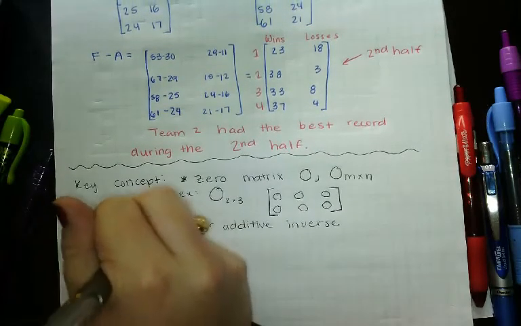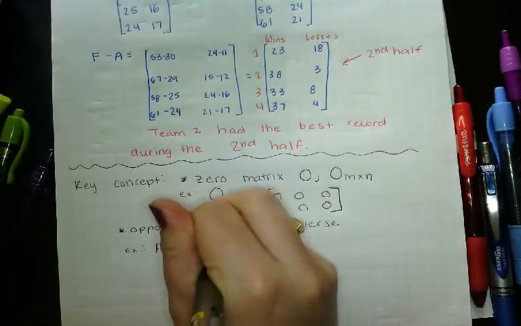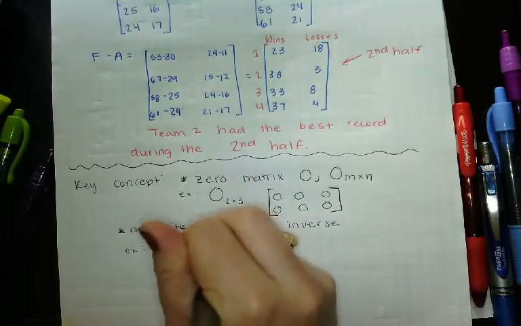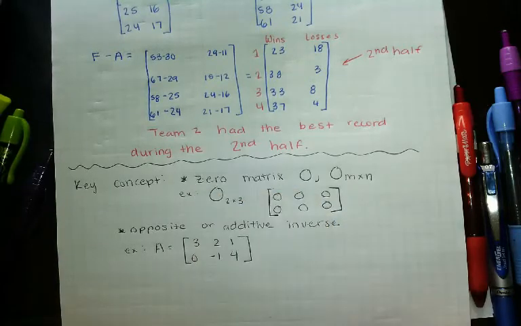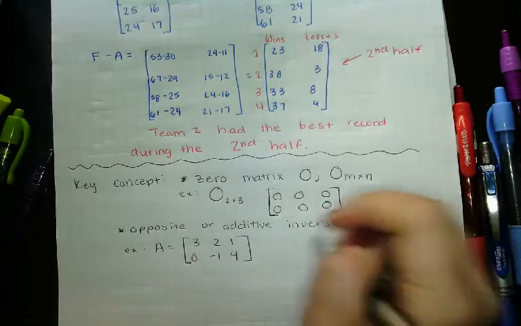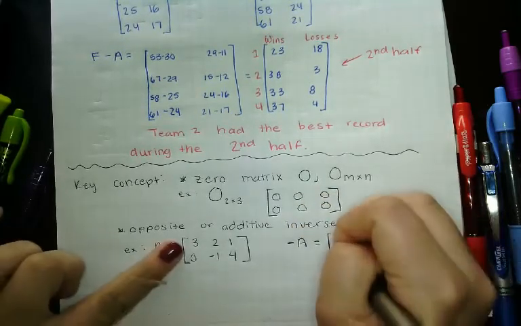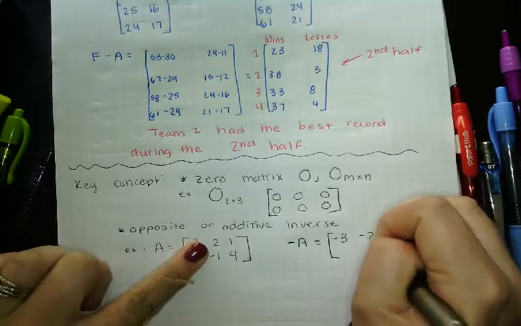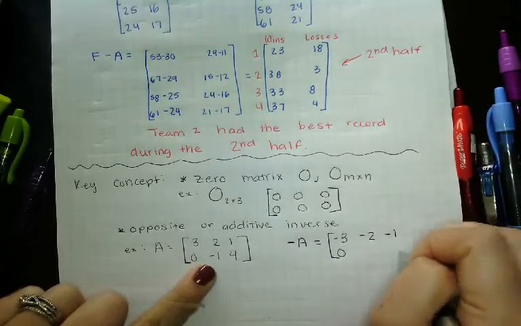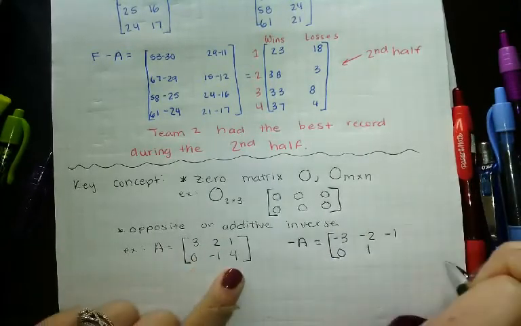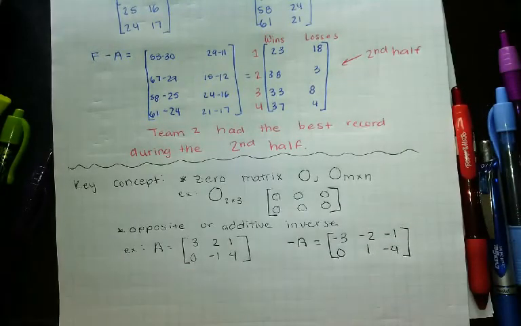So for example, if I have A equals 3, 2, 1, 0, negative 1, 4, the inverse we'd write as negative A equals, and then instead of positive 3, it would be negative 3. Instead of positive 2, negative 2. Instead of positive 1, negative 1. 0 would just be 0. Negative 1 would be positive 1. And positive 4 would be negative 4. So there's an example of the additive inverse.